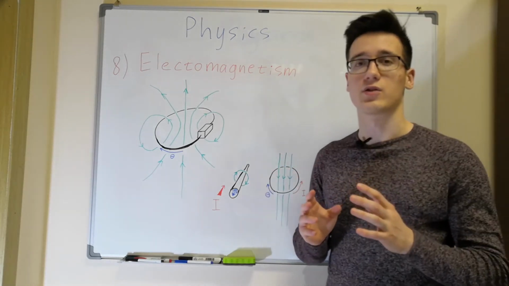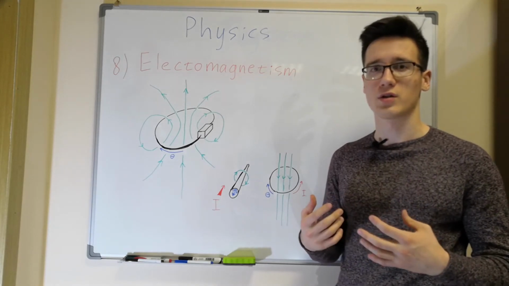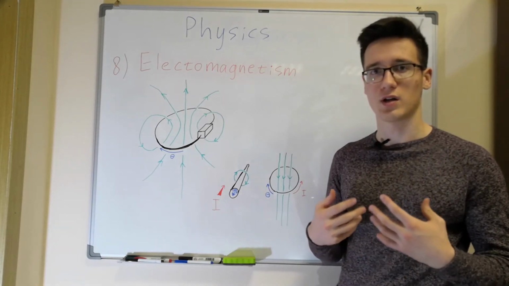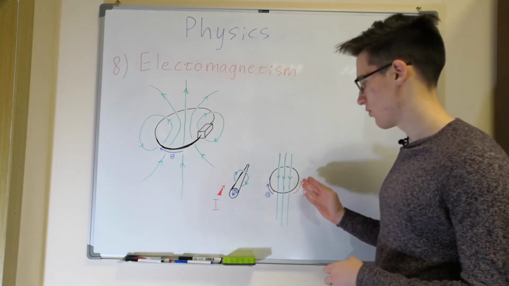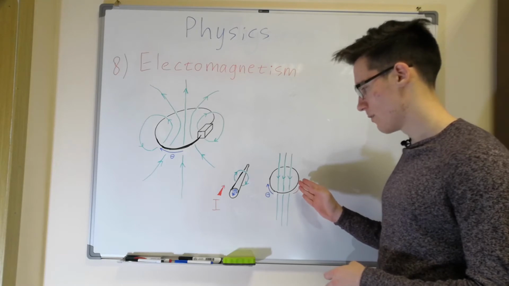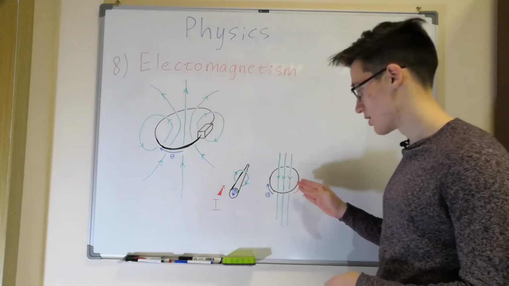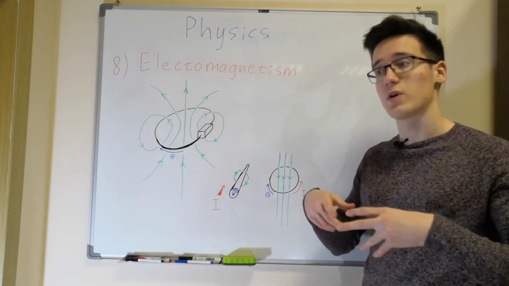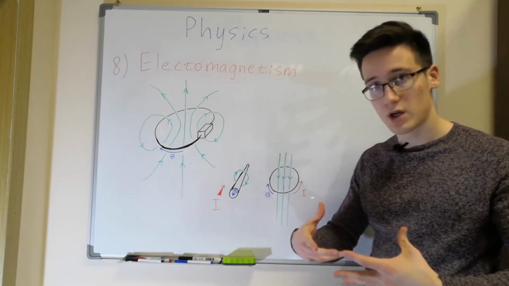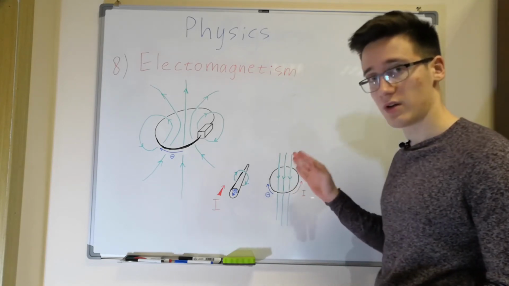Now let's get back to a wire in which we can induce a current by applying a changing magnetic field to it. So if we apply a changing magnetic field to a circular wire, this will generate an electric current inside this wire, so that the magnetic field generated by this current will cancel out some of the external magnetic field.